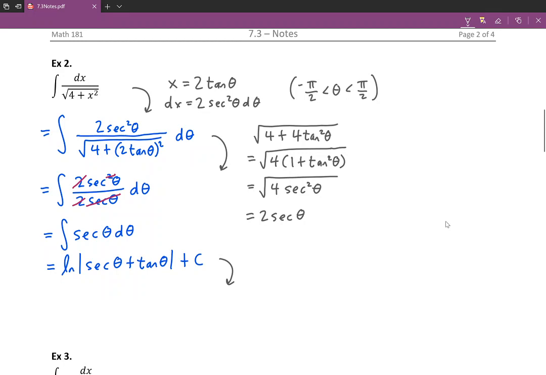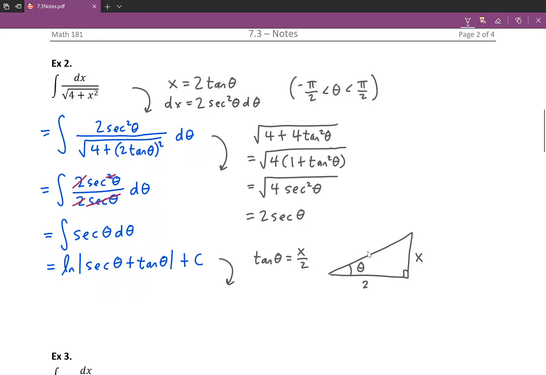So we'll just start with the tangent theta is x over 2. Again, we get that from solving the original substitution that we set up for tangent theta. Just divide the 2 over. And then we can make a triangle with an angle theta in it, so that the opposite side is x, the adjacent side is 2, so that tangent theta equals x over 2.